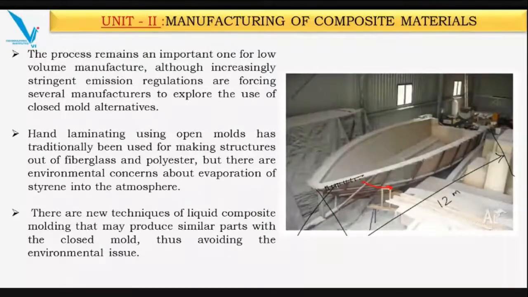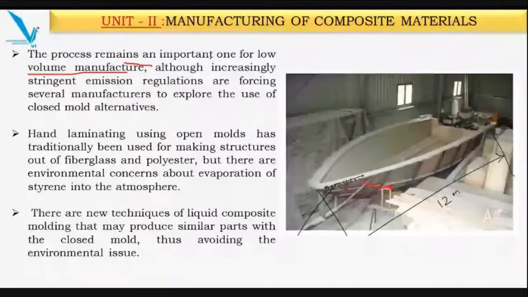The inside part can be coarse, and you can process it later on. The process remains important for low volume manufacturing. The main drawback of the hand-layup process is that you cannot go for bulk mass production because the production rate decreases. Here manual intervention is required, and it depends on how skilled the labor is. So volume manufacturing is less for the hand-layup process.